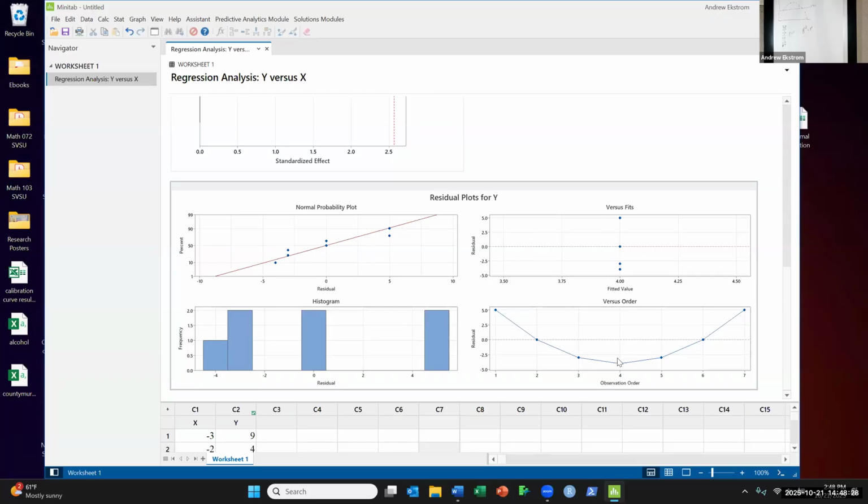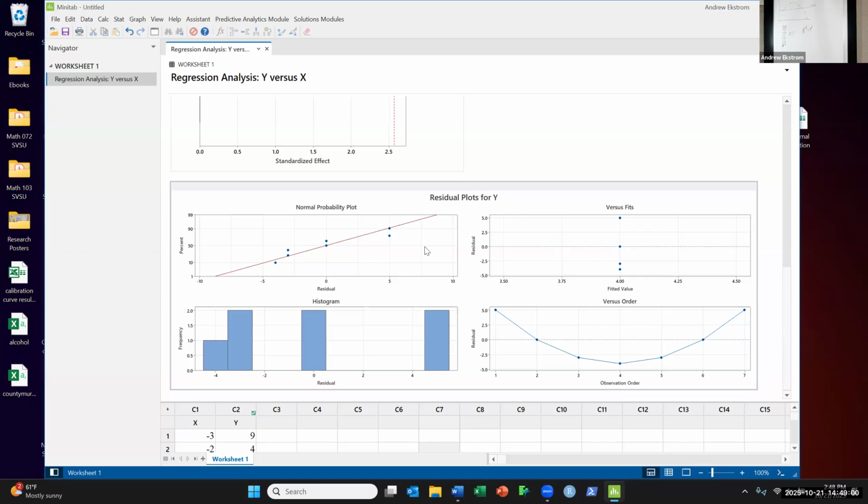What both of these should look like is a whole bunch of blue dots that are just randomly tossed up there. And when we're looking at these, we see that clearly that's not what's going on here. Looking at the data for residual versus observation order, this is telling me that there's most likely a quadratic term that I need to put in here.